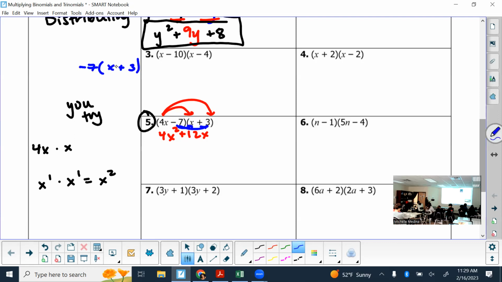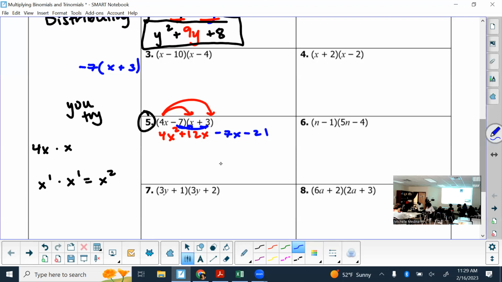It was -7 times x. -7x, and then -7 times 3. Positive or negative? Negative. Because remember, you have to keep the sign that's in front of each term. So it's -7 times both of these, which ends up making it negative.